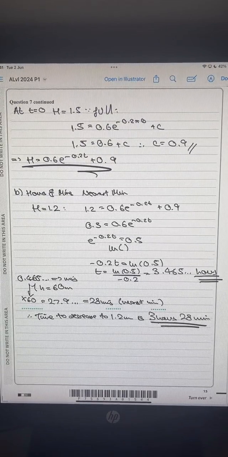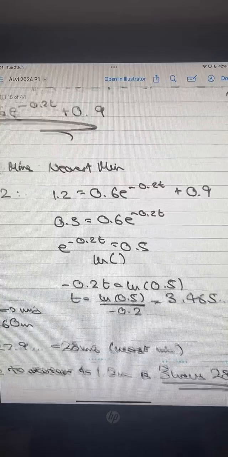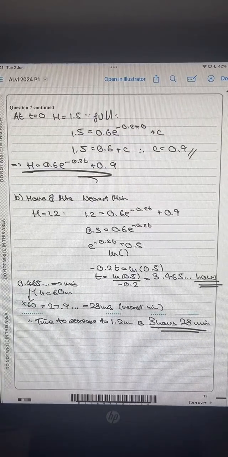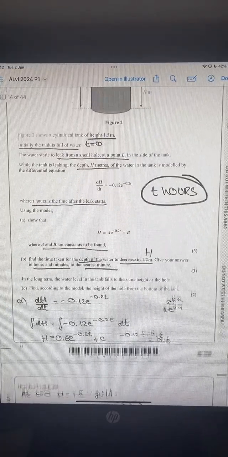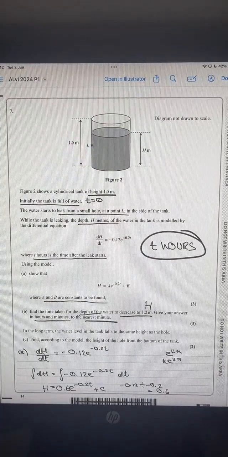And that's how you do part B. Very nice part B. I did do 0.3 divided by 0.6 and I got 0.5 because it's a half. 2024 paper 1. Okay, that was part B.